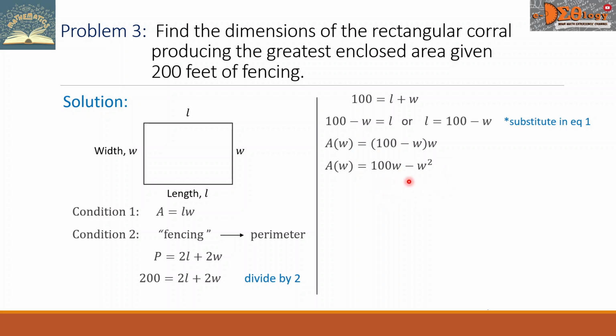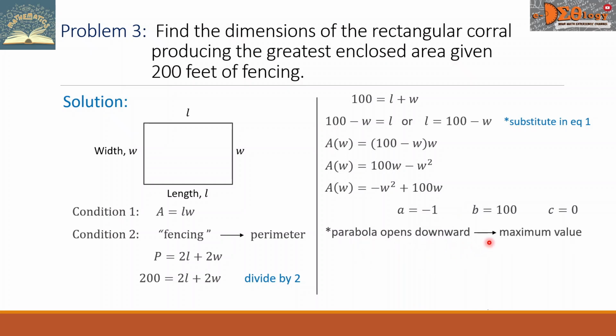We can rewrite this in general form just to put the power 2 in front: negative W squared plus 100W. We have here now a quadratic function in general form. Let us collect the values of a, b, and c. A is negative 1, b is 100, and c, the constant, is 0. Since the value of a is negative, we know that the parabola opens downward.